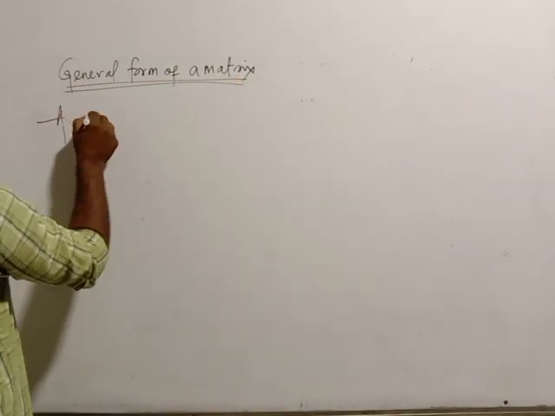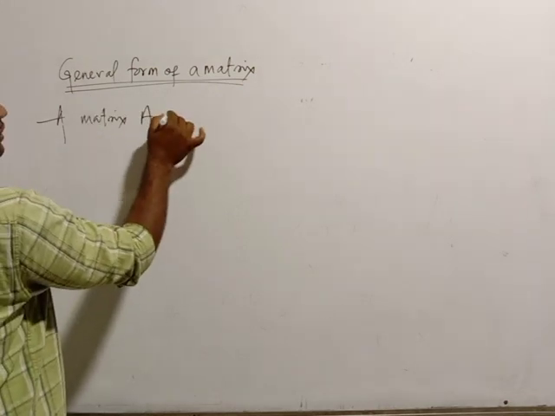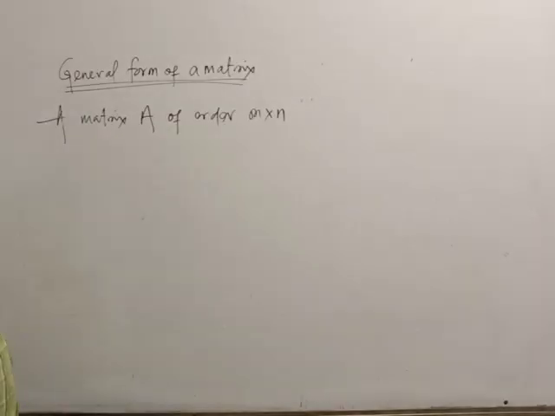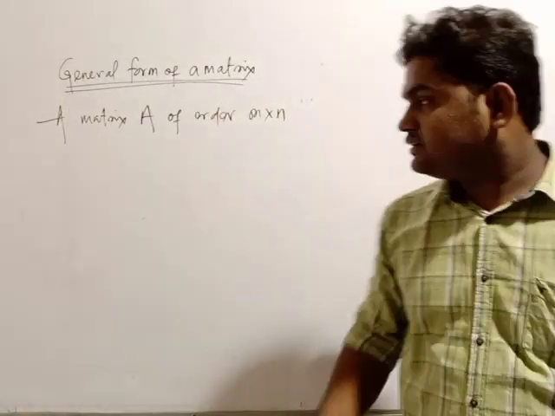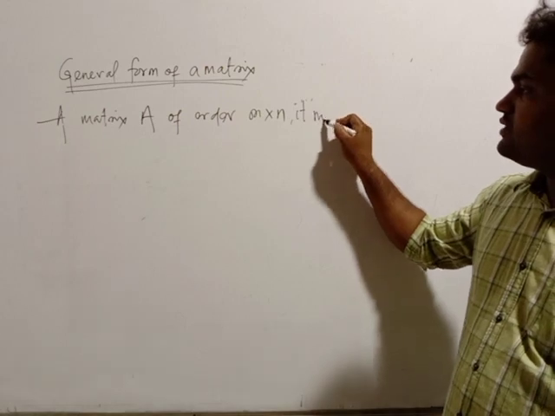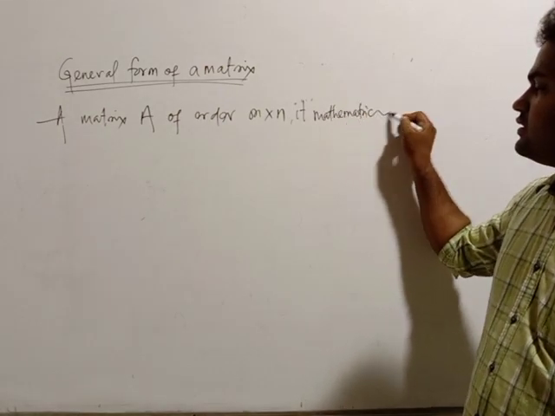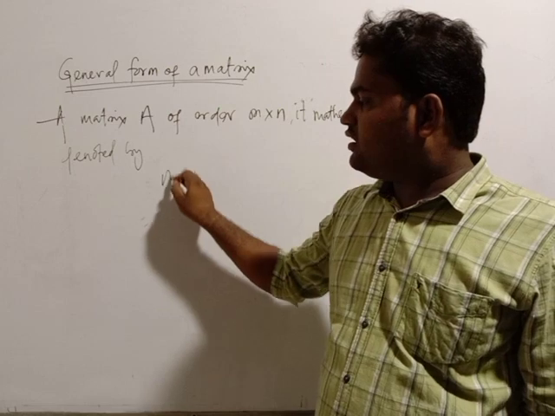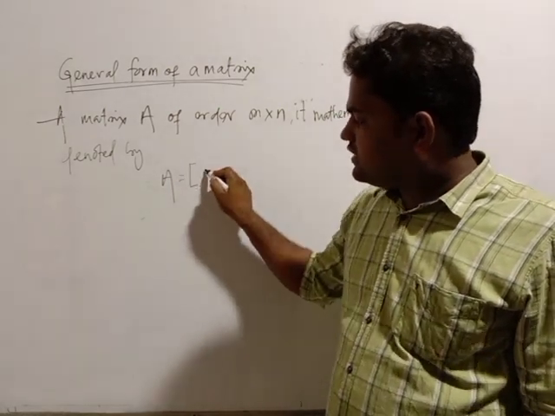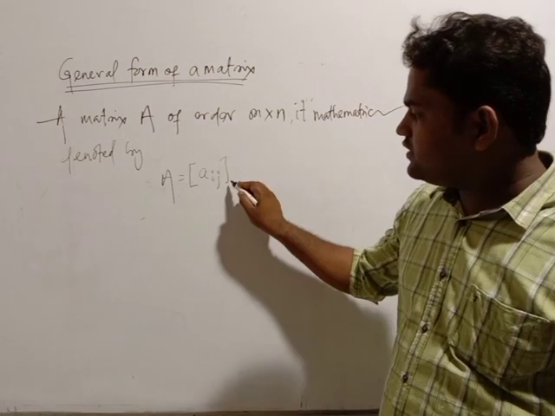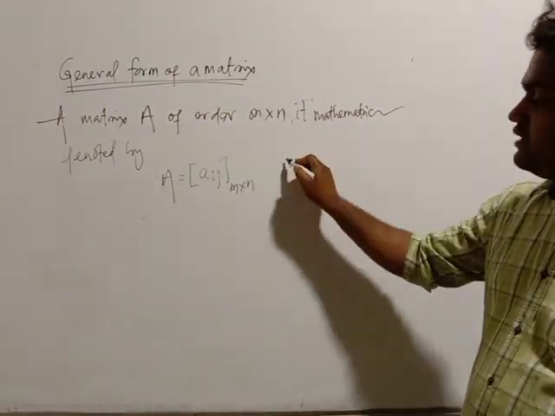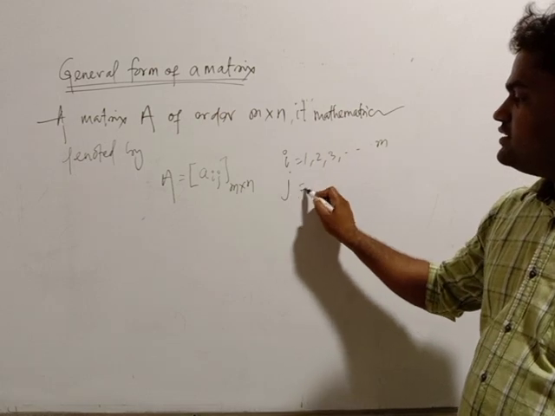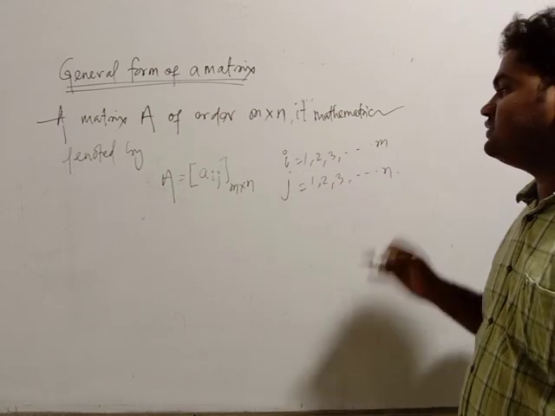A matrix A of order m by n is mathematically denoted by A equal to [aij] of order m cross n, where i is equal to 1, 2, 3 up to m, and j equal to 1, 2, 3 up to n.